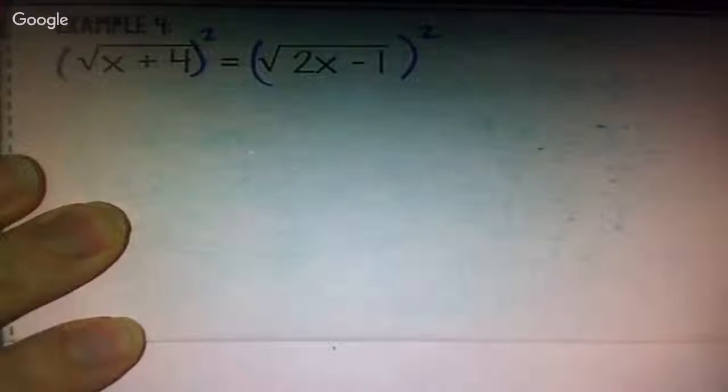These are actually easier to solve in the first place. So I want to get rid of both square roots. Square them. When I square them, that leaves me with x plus 4 and 2x minus 1.